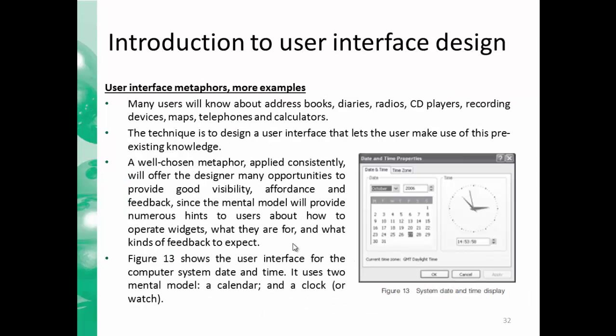More examples, as we can see here, are the calendar that looks like the calendar we use in everyday life, and the clock which looks like a watch. This is clearly helpful and makes it easy for people to know what these components are for and how to deal with them.